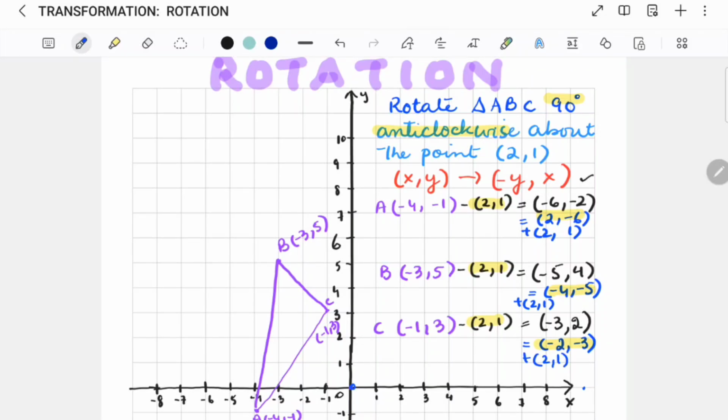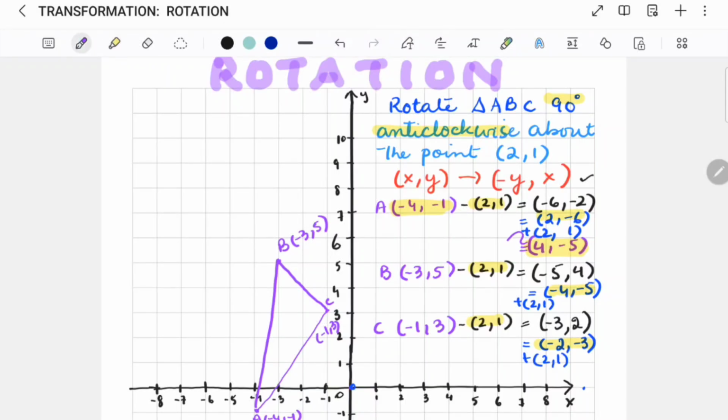Okay, the final answer, A prime, will be, for each and every number, just calculate. So 2 plus 2 is 4 and minus 6 plus 1 is minus 5. This is your answer. So it's your object and it's your image, for A and A prime.